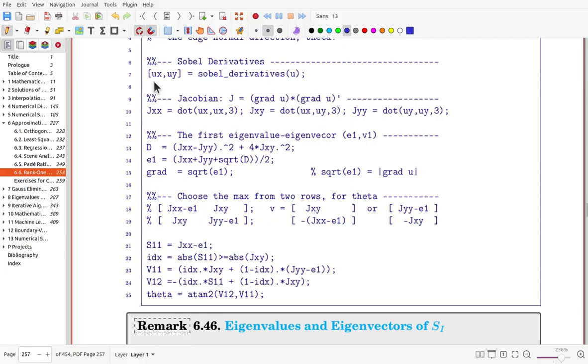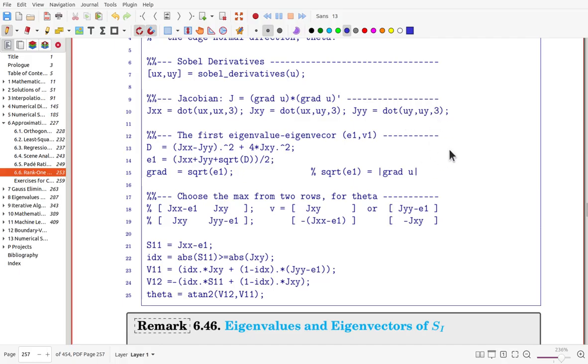Of course, each one is now m by n by 3. Here Jxx is the dot product of ux with itself in the third direction, Jxy is the dot product of ux and uy in the third direction, and Jyy is the dot product of uy with itself in the third direction.